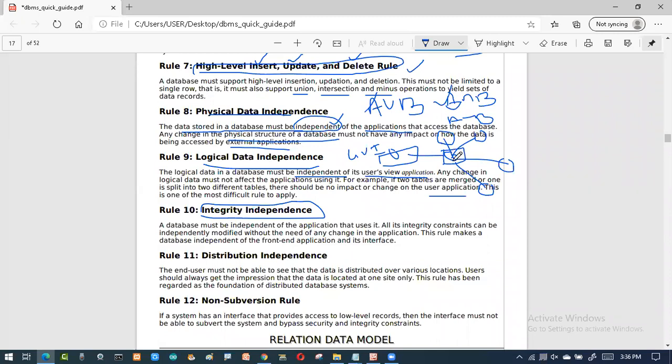It should not need to be updated in all the places. Whenever I try to get the records from a different location, I should be able to get it. So it is an independent application.